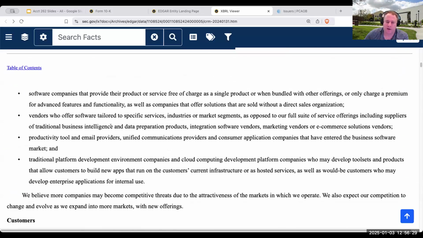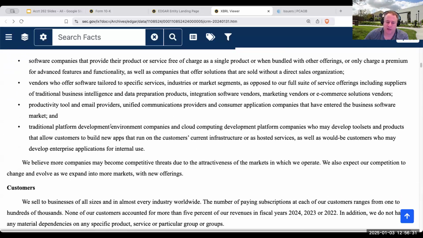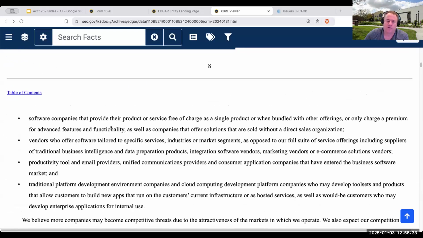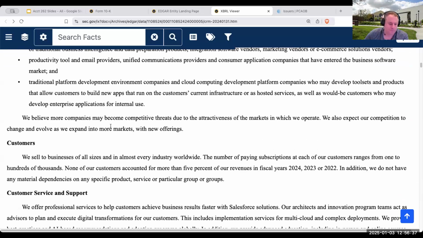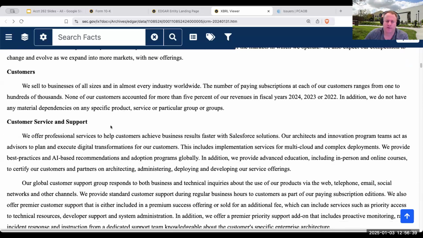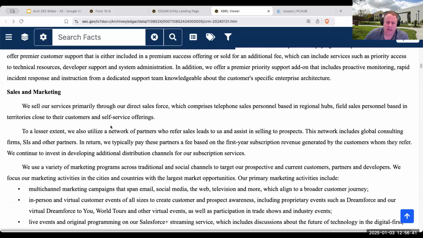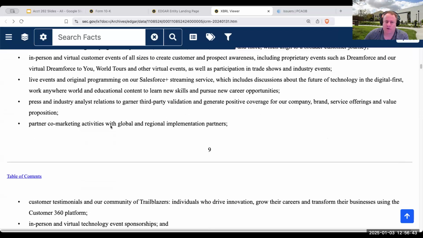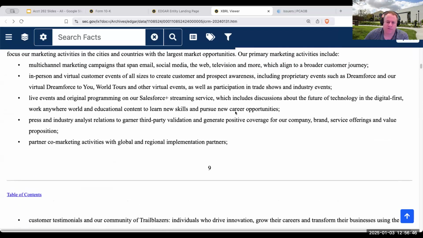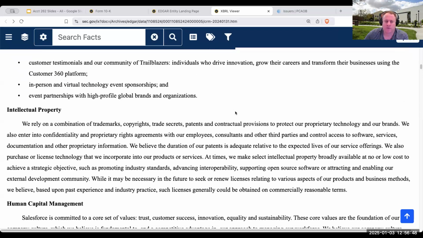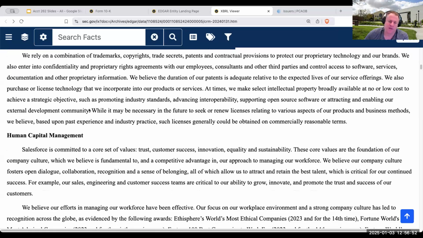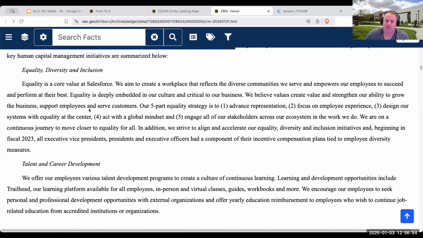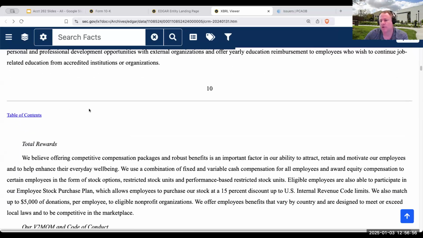Who are the various competitors for Salesforce? They'll sometimes list that over here. They have different events. They also talk about intellectual property. So again, this is a very broad overview of their business. I will include a link to this.